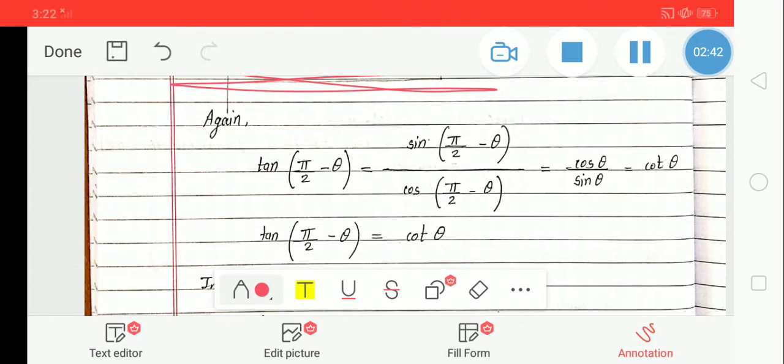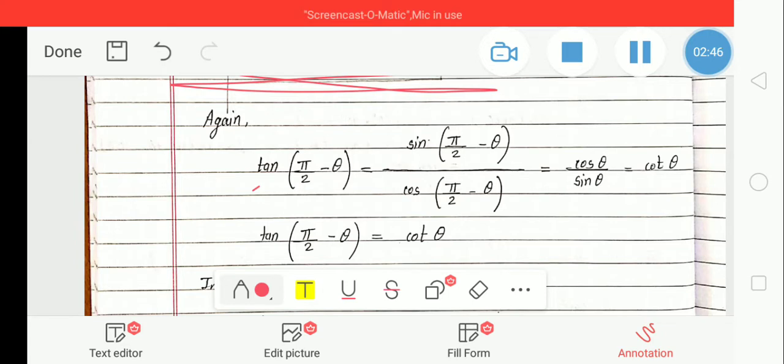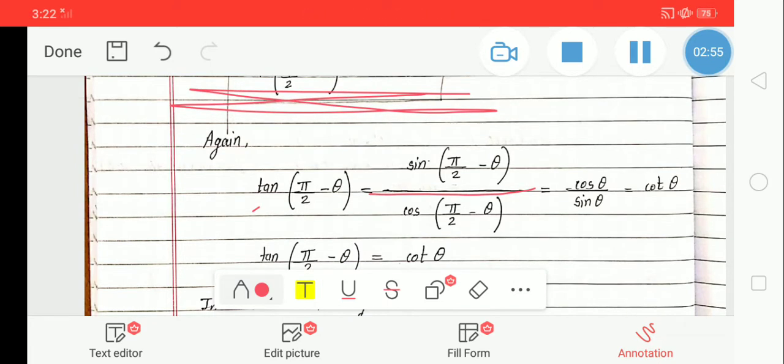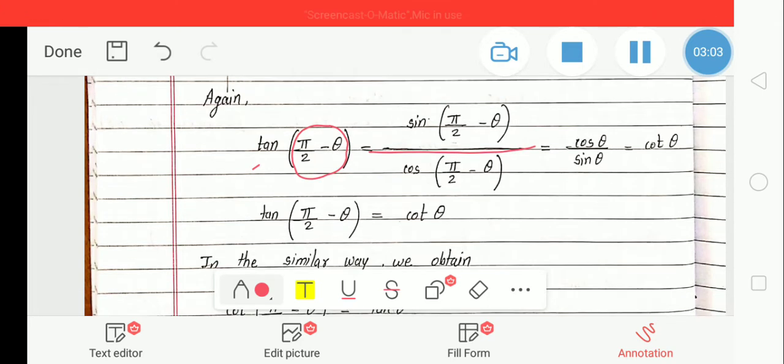Again, now to find tan. Tan of pi by 2 minus theta is equal to sin of pi by 2 minus theta divided by cos of pi by 2 minus theta. We know that tan theta is equal to sin theta divided by cos theta, and we put theta equal to pi by 2 minus theta.